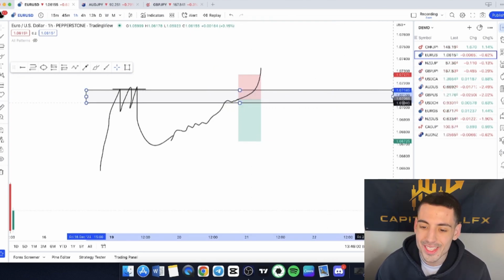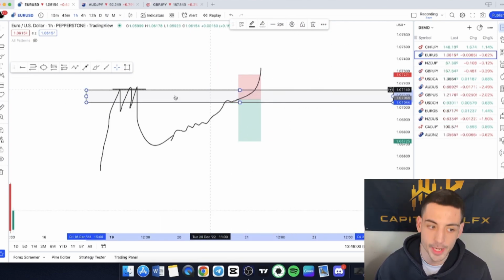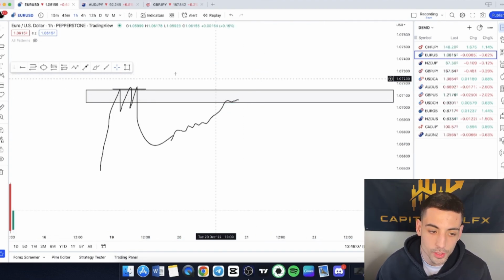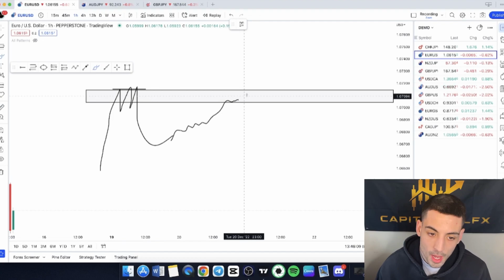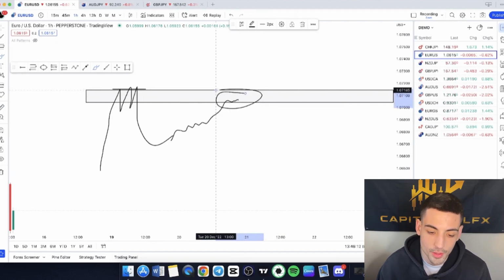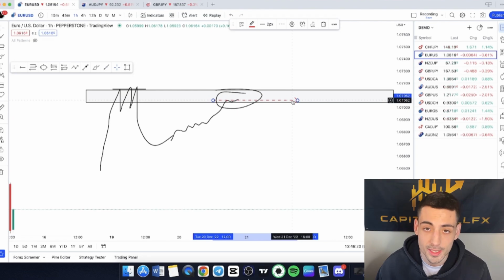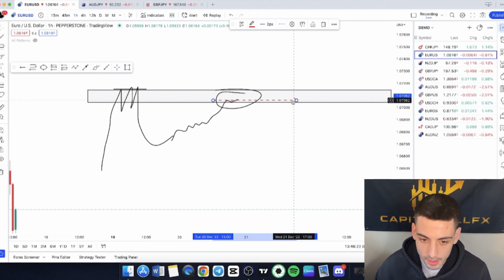The second way is a little bit different. It's known as hedging. Let's say that we had this same exact trade idea where price was coming up to a significant horizontal level and we found some type of bearish rejection around it, and we placed a sell. This red arrow signifies that we're placing a sell off of this significant horizontal level.